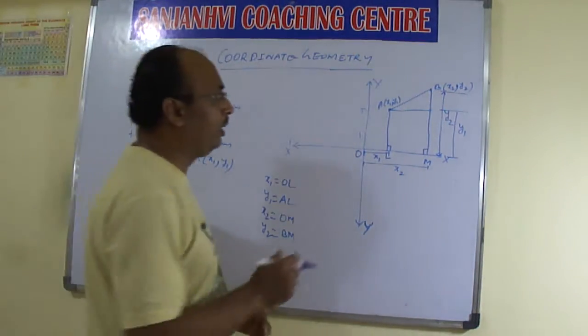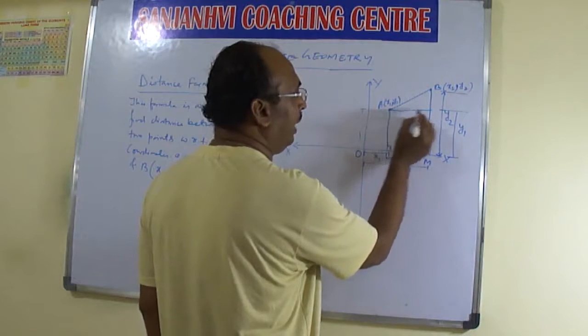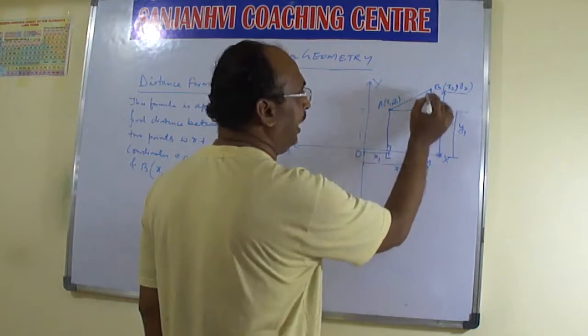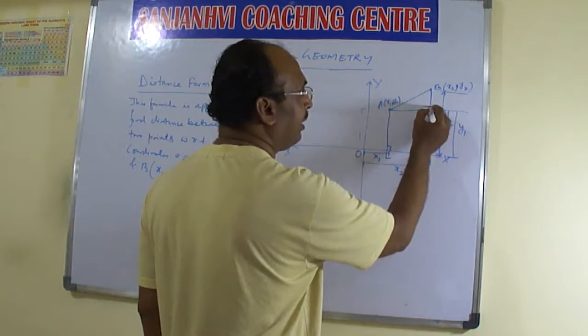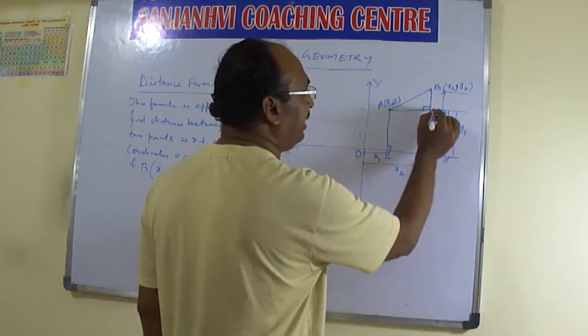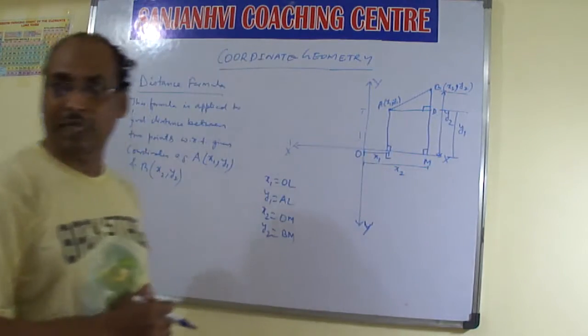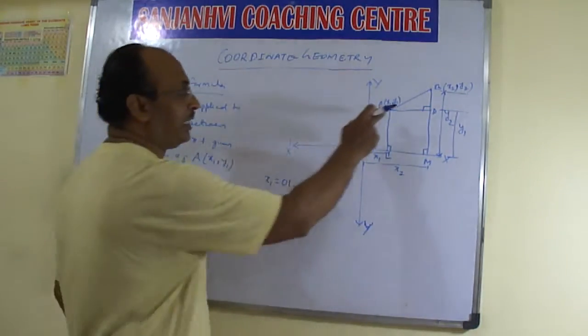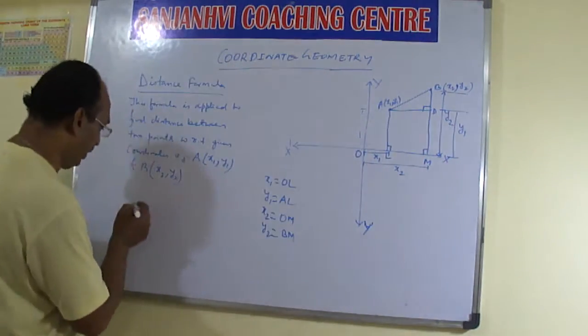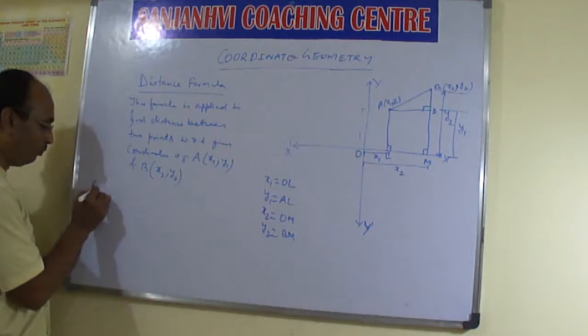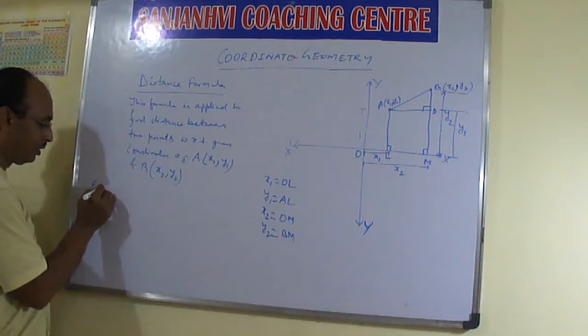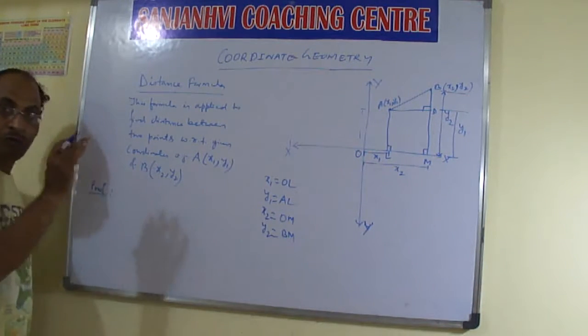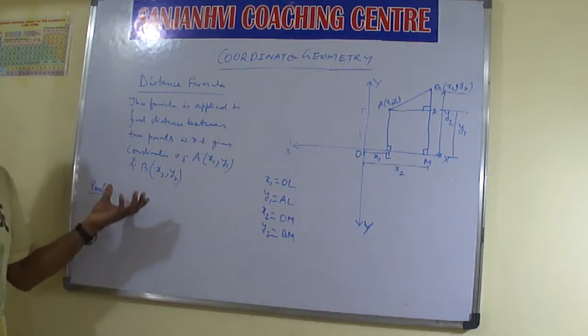Now you have drawn a perpendicular from A to BM, and suppose this point is D. Now by utilizing Pythagoras theorem we are going to find out the distance, that means the formula we want to find.